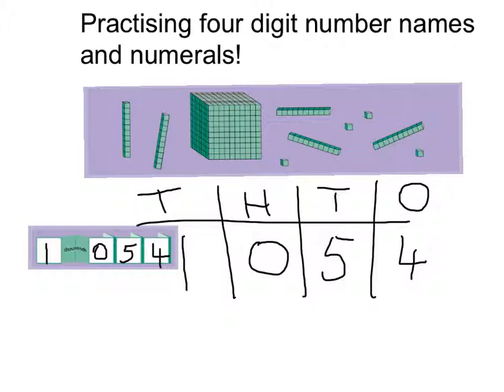Let's write that number. 1, O-N-E, thousand, and no hundreds, 1054. There we go. And that's how we write this number, 1054.